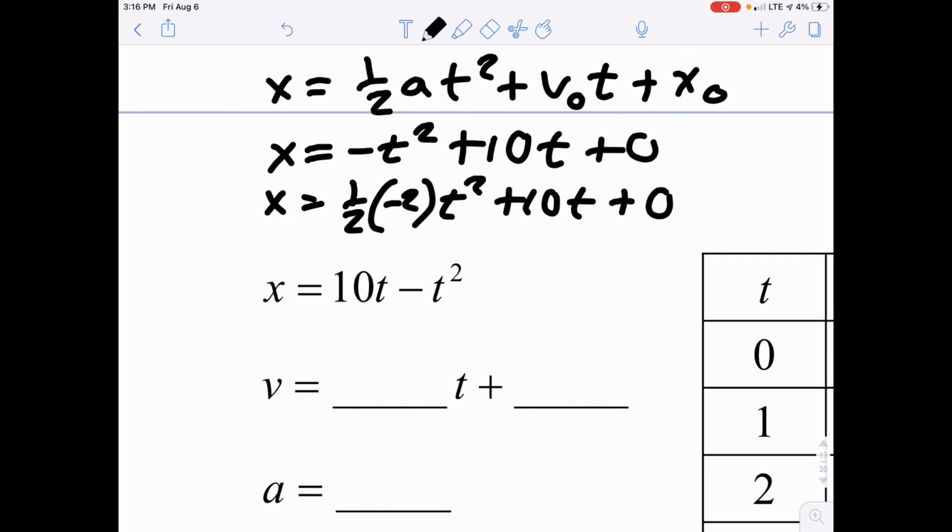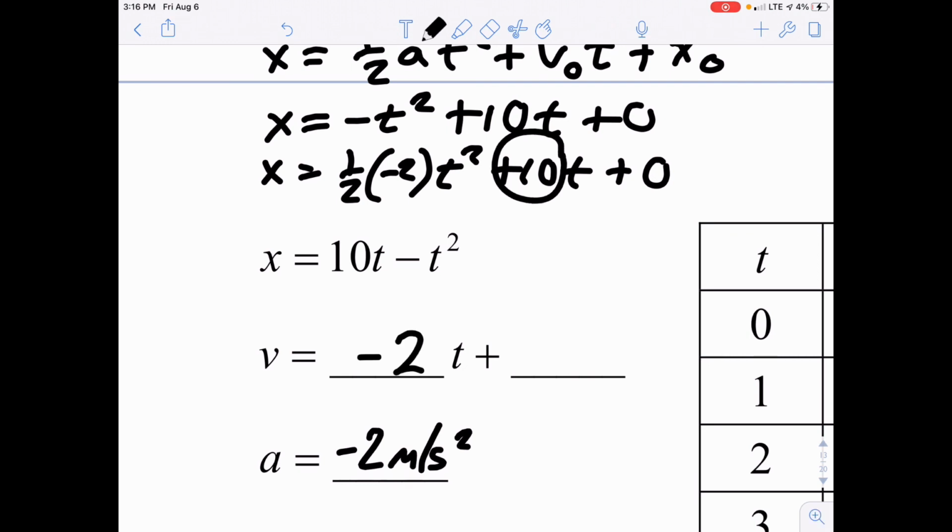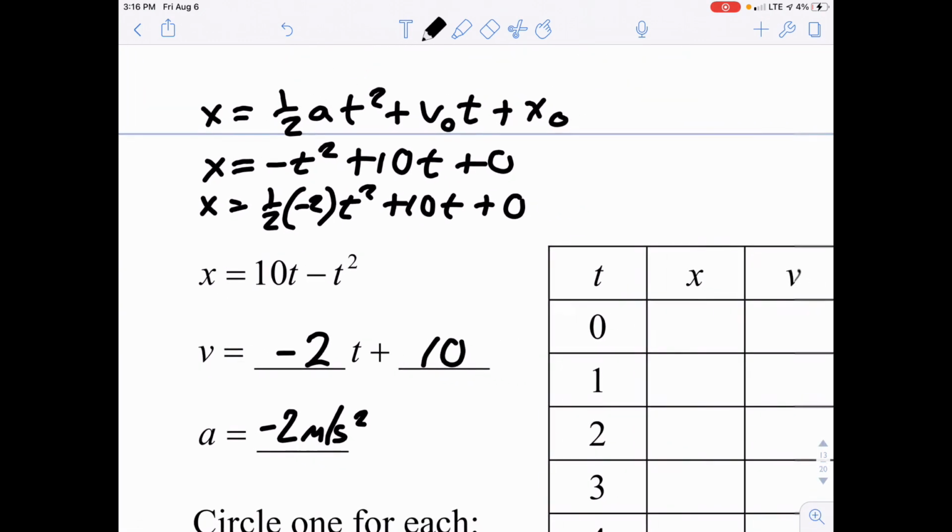Okay, so what that tells you is the acceleration is negative 2. So start there. Acceleration is negative 2 meters per second squared. So I'm going to write negative 2t right here. And the initial velocity is 10. So I'm going to write that there.